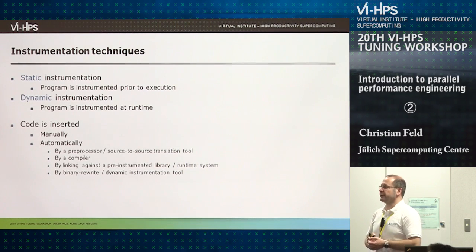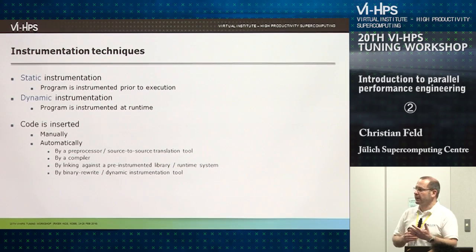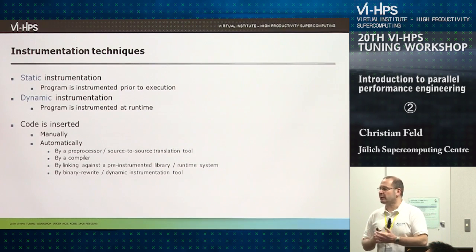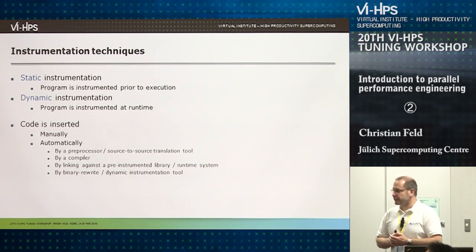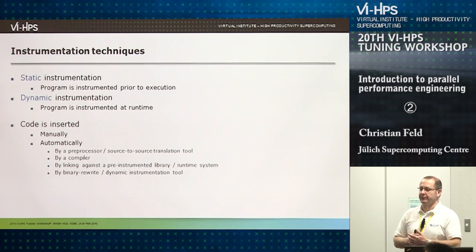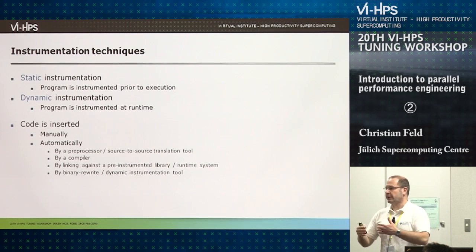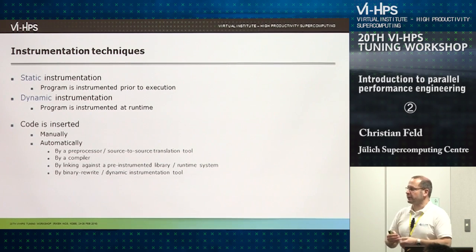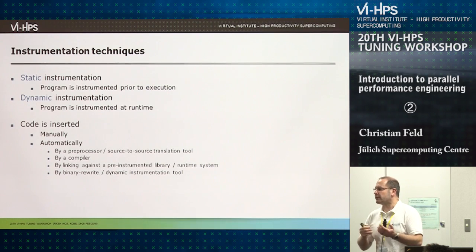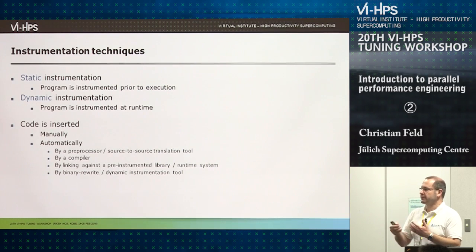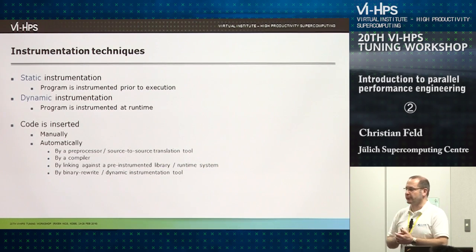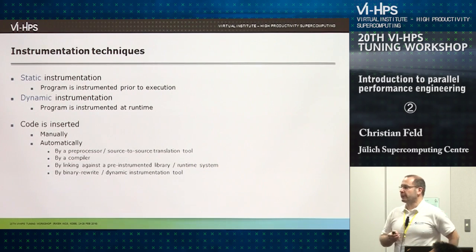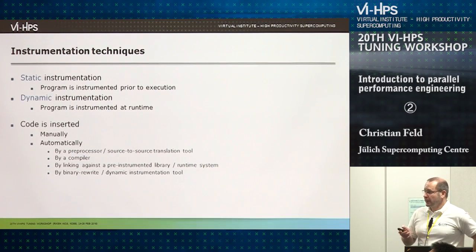You can instrument some important kernels, and you can keep this instrumentation always in, and you can then make easy comparisons when you change your program, and you see, okay, with this change, just kernel X performs better or worse. So this is maybe a recommendation: if you want to continually monitor your program with little overhead, then manual instrumentation should be considered.